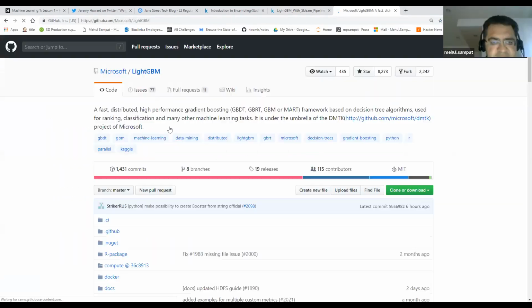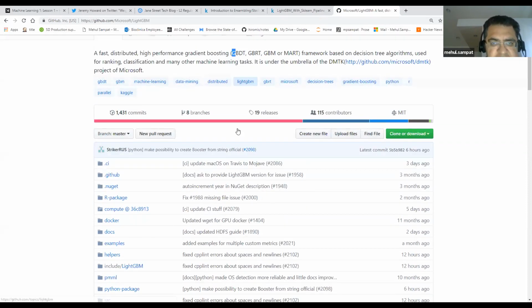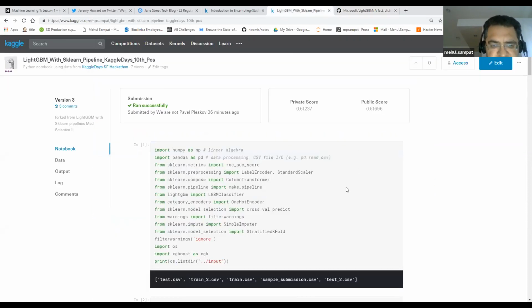Yeah, it's a Microsoft package. The reason I like it is I can try multiple approaches with just one package. For example, I can try gradient boosted decision trees, I can try random forest, and a couple of other things with just one package. Since both of us are new to this, we used a very simple approach.